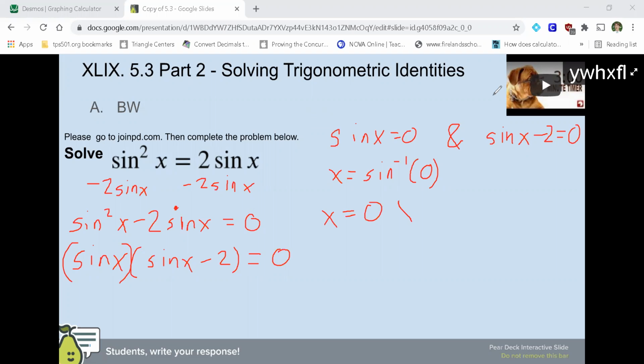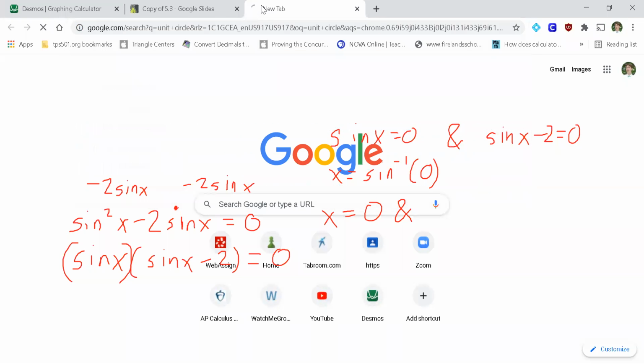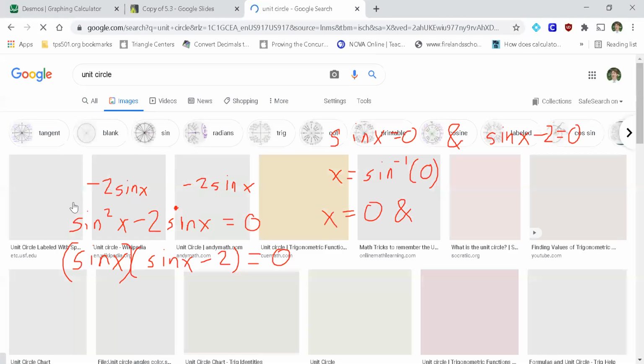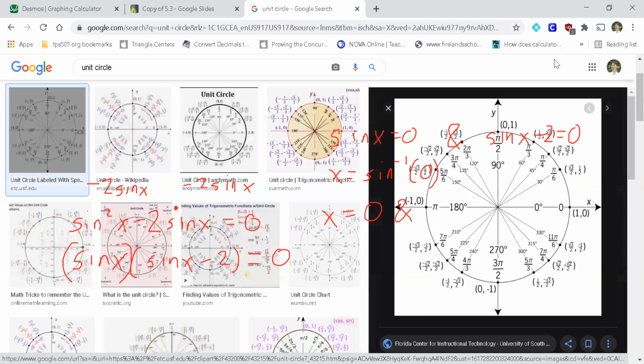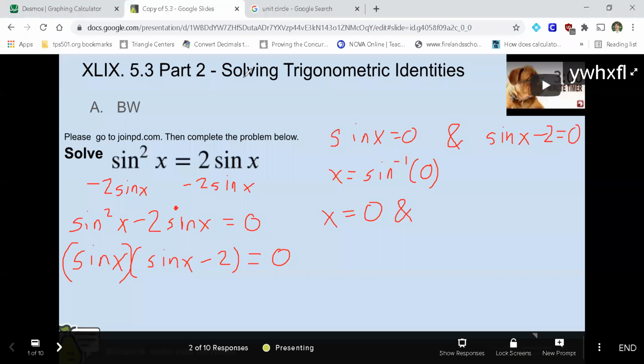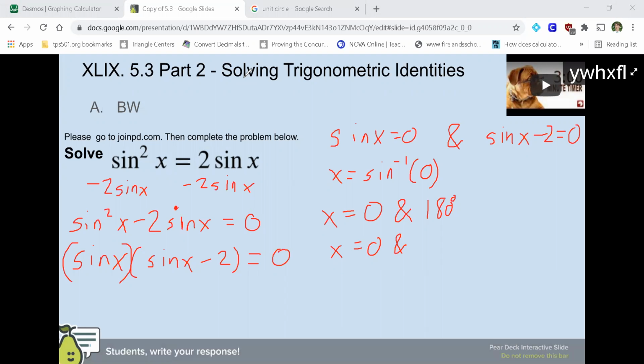So 0 is an answer, and 180 degrees. That's the other one. Or if we were doing this in radians, that would be 0 and pi.